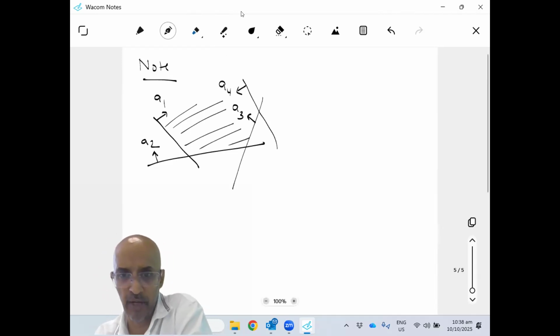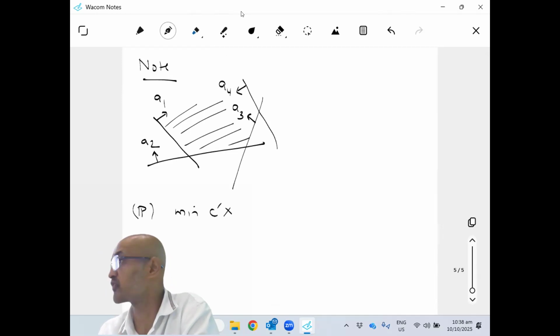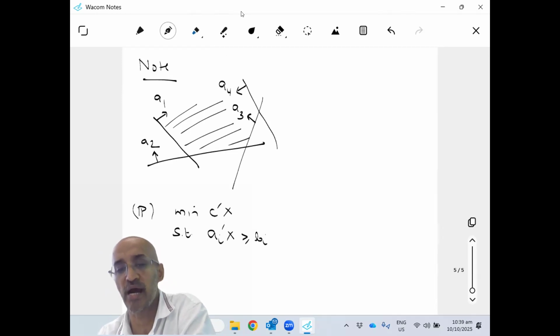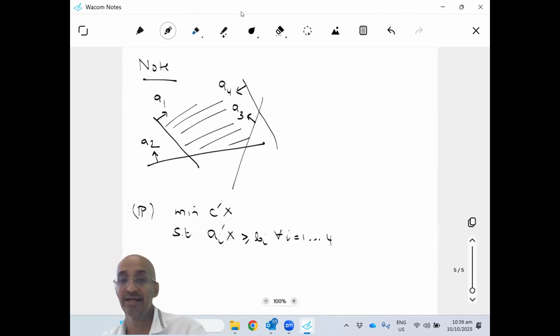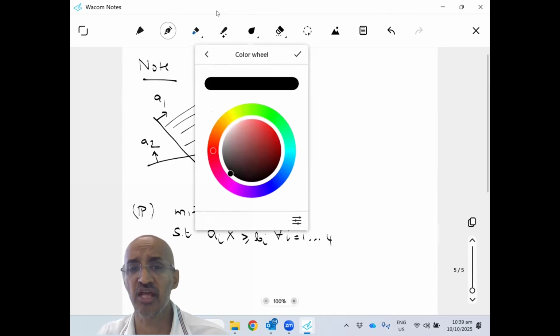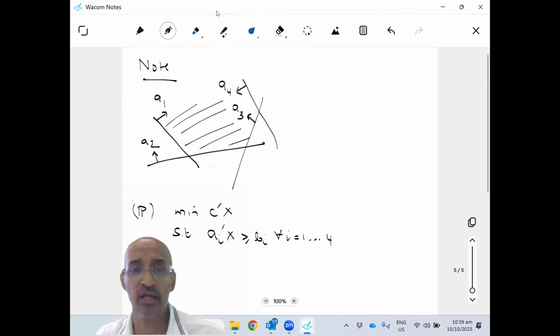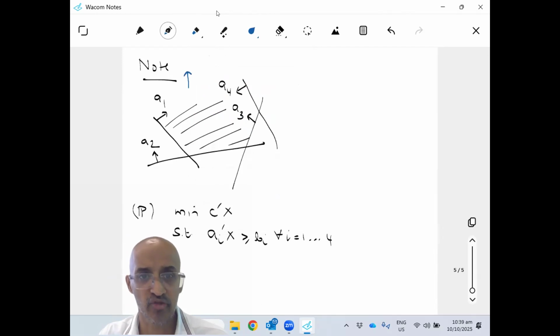So let's say my primal problem is to minimize C transpose X subject to, let's say, AI transpose X greater than or equal to BI for I going from 1 up to 4. Let's just say this is the problem. And let's say my vector C is increasing in this direction.